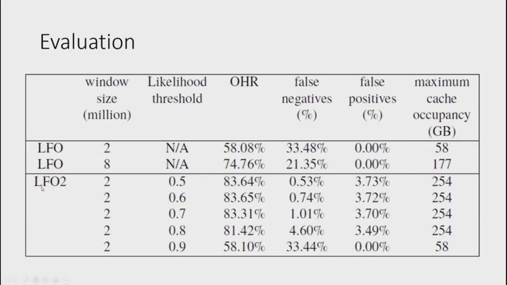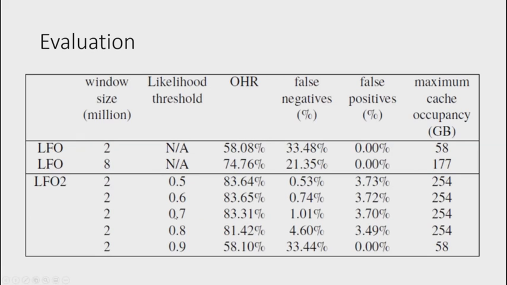Now, we evaluate LFO2 with a small window size of 2 million. The reason we pick a small window size is because, again, the smaller the window size is, the more adaptive the algorithm is to changes in request behavior. So even though it is harder to achieve a good object hit ratio using a small window size, we still pick small window sizes. We evaluate different candidates of likelihood threshold.